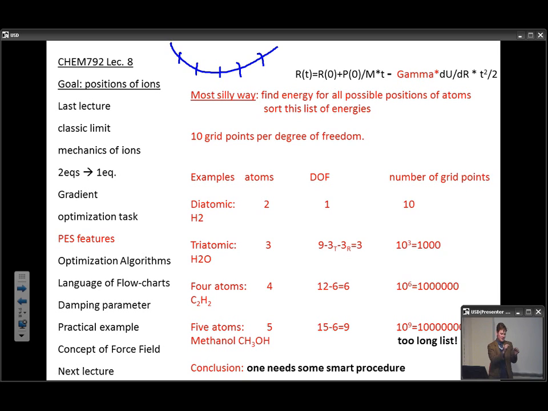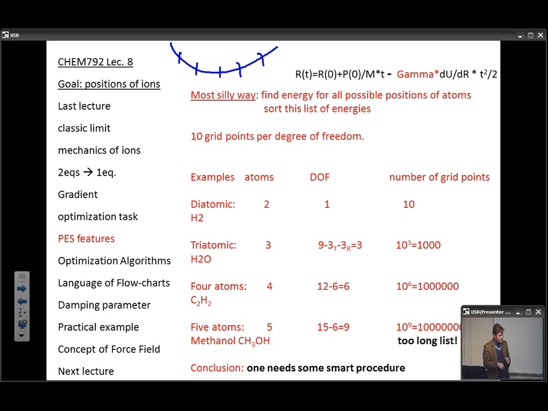So we tweak the distance between atoms. If it is a hydrogen molecule, we just scan possible distances between those two hydrogens. If it is a water molecule, we tweak the distance from one hydrogen to oxygen, from another hydrogen to oxygen, and then we try several values of this angle. And then we find the value of total energy for each of those nuclear configurations.